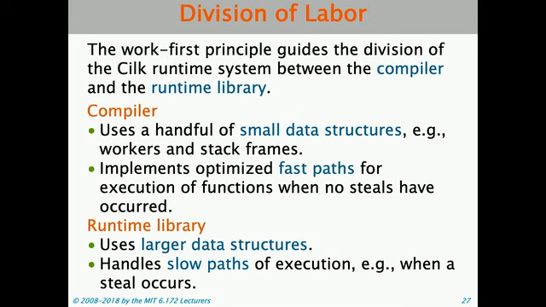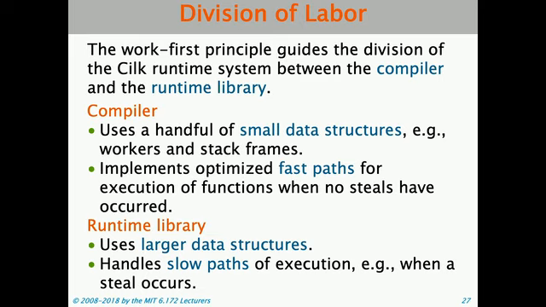Now, at 30,000 feet, the way that the Cilk runtime system implements the work-first principle and makes all of these components work is by dividing the job between both the compiler and the runtime system library. The compiler uses a handful of small data structures, including workers and stack frames, and implements optimized fast paths for execution of functions, which should be executed when no steals occur.